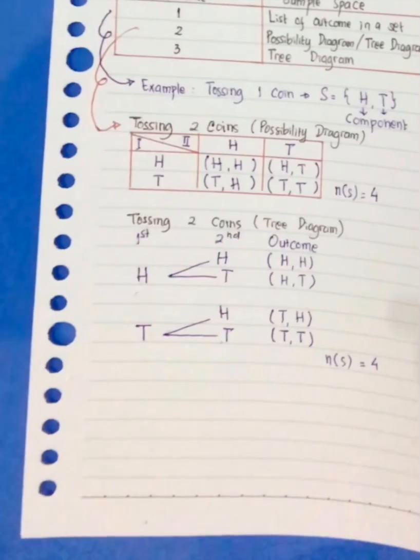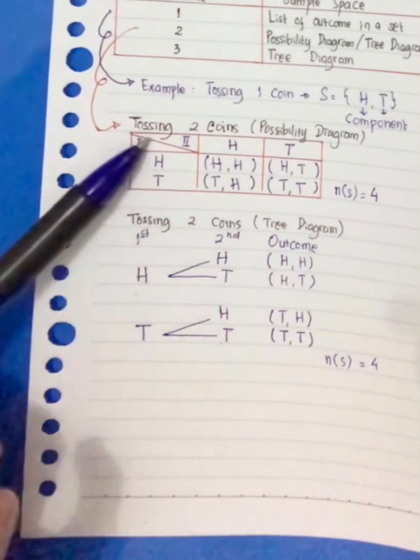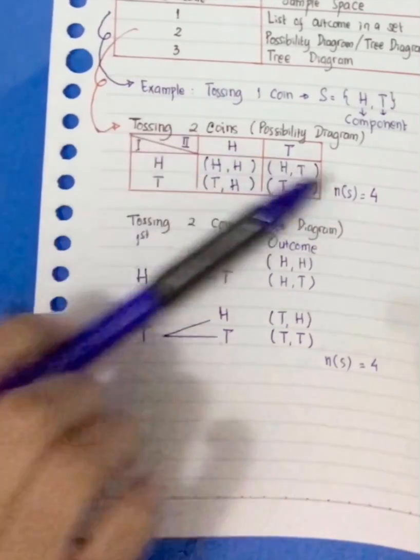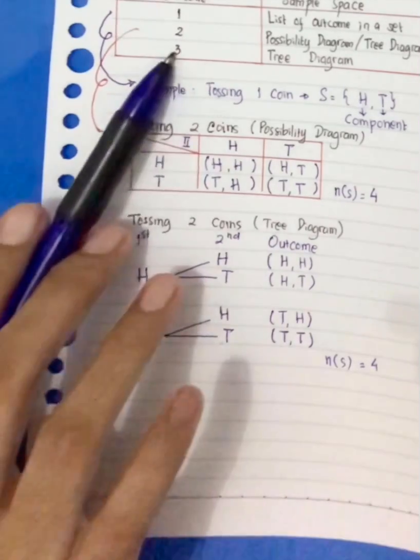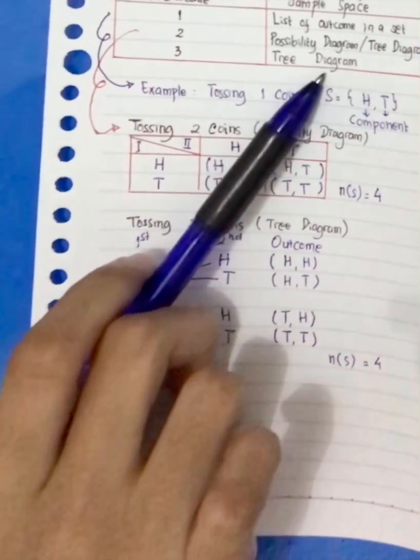No, right? Because if the first is here and the second is here, where should we put the third coin? That's why, if we have three components, we can use a tree diagram.